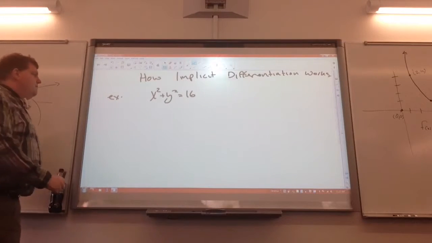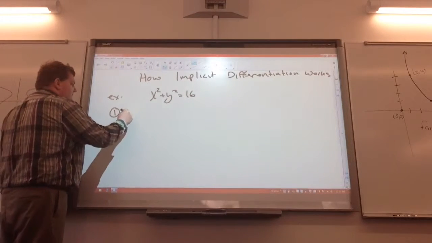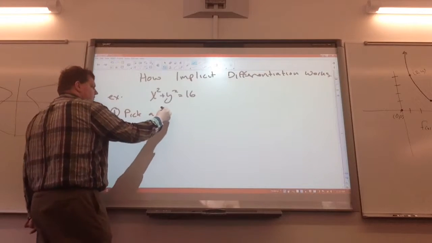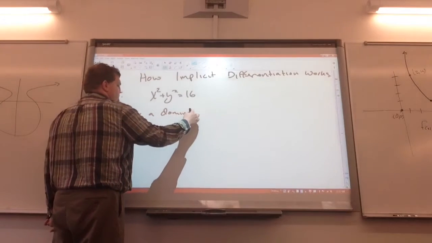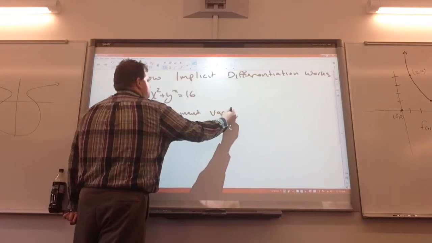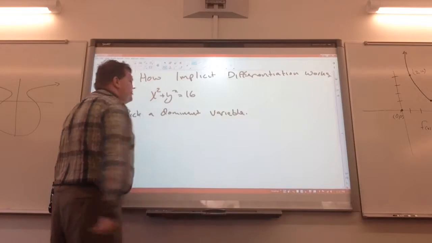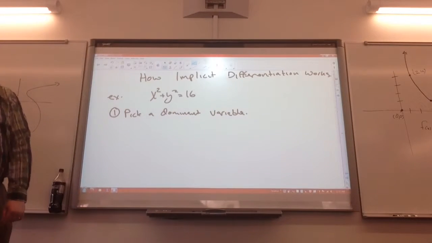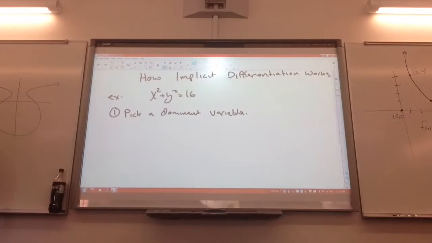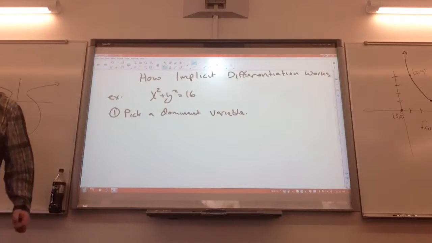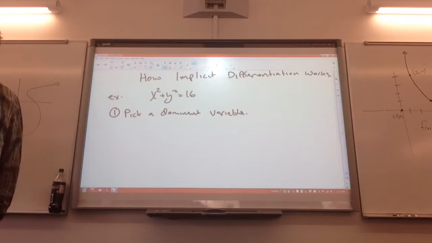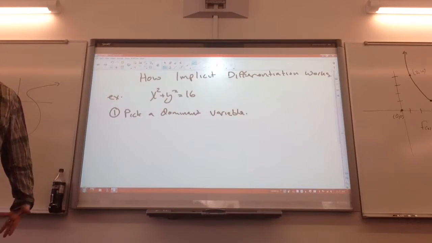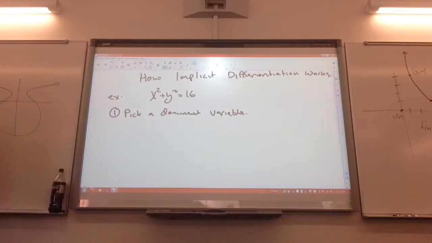So pick a dominant variable. 90% of the time, it's given to you, because you're told to either find a tangent line in terms of y equals mx plus b, or y minus y1, etc., in which case x is going to be the dominant variable. Or you're told to find a derivative with respect to something.